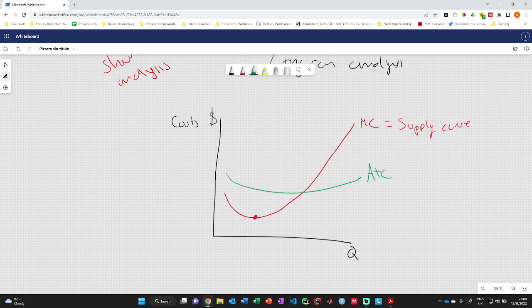And the main point here is that this marginal cost curve, which actually also drives the ATC curve, is driven by diminishing marginal returns. And most importantly, all of these shapes of curves or this analysis has to do with analysis on the short run.